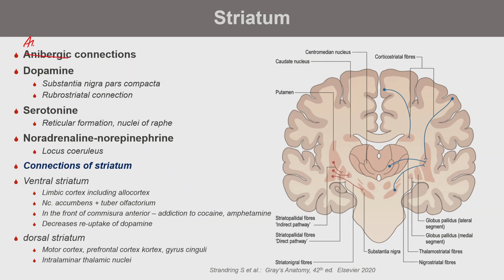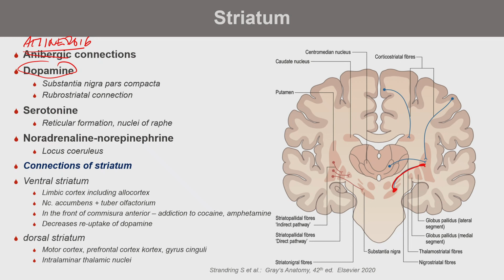So here, aminergic. They have aminergic connections. Biogenic amines are neurotransmitters. Dopamine is a key product. And this is the way from substantia nigra. From substantia nigra, those fibers are able to maintain the function of a putamen.